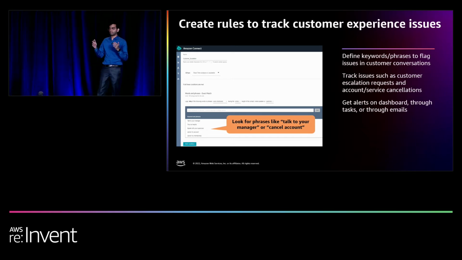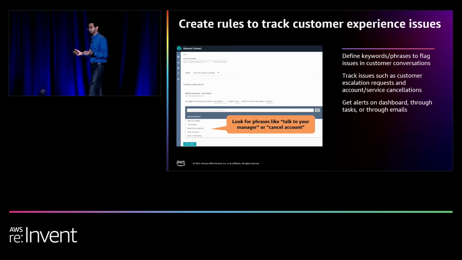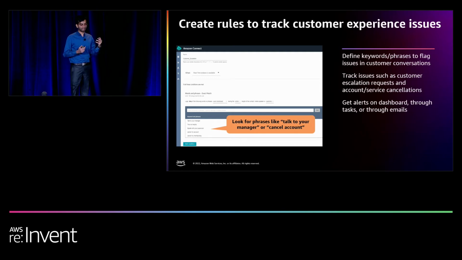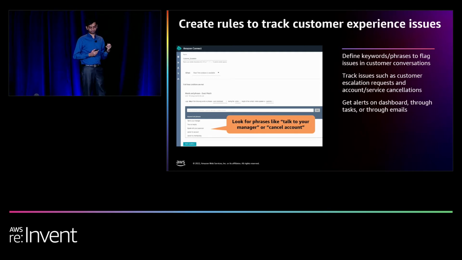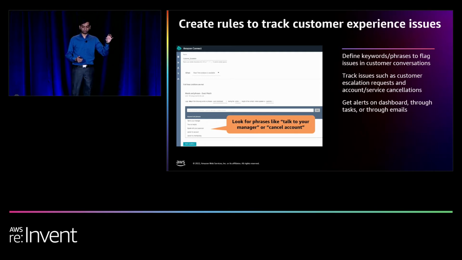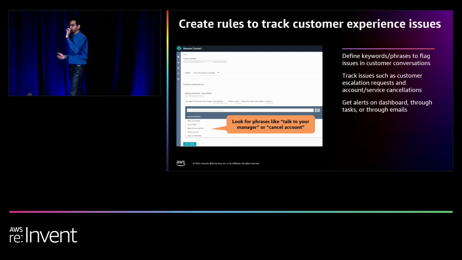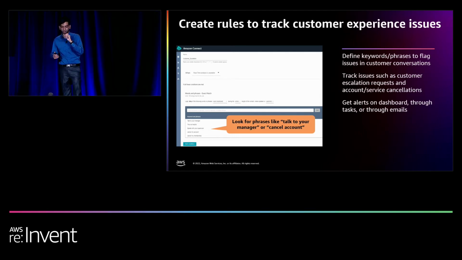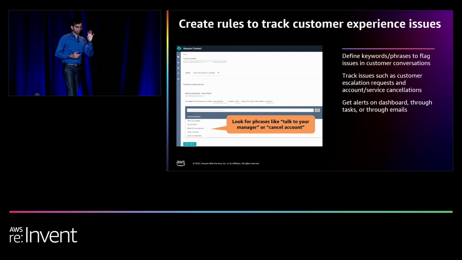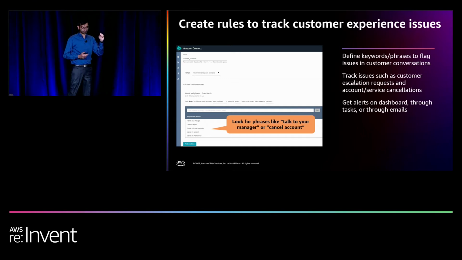Or you can tag things like account cancellations as categories. Now, for example, for a category on escalation requests, you can specify keywords like "talk to your manager" or "speak with your supervisor." And once you have created a category with these keywords and you've defined the rules for it, Contact Lens will look to match those phrases in real time.